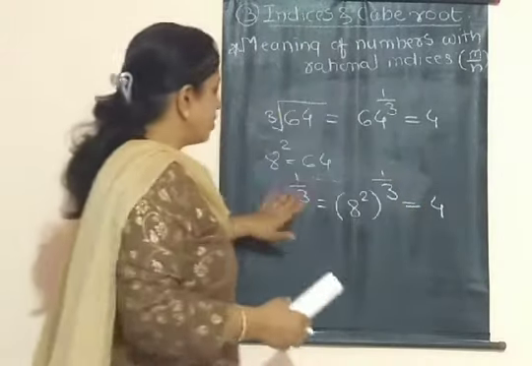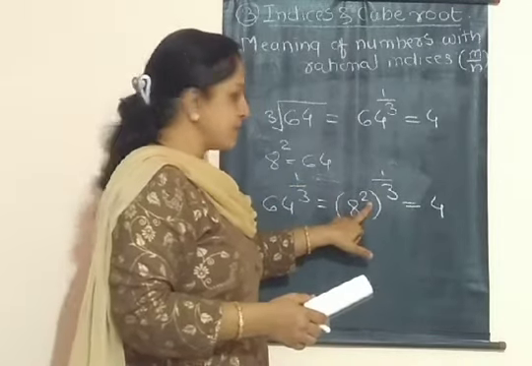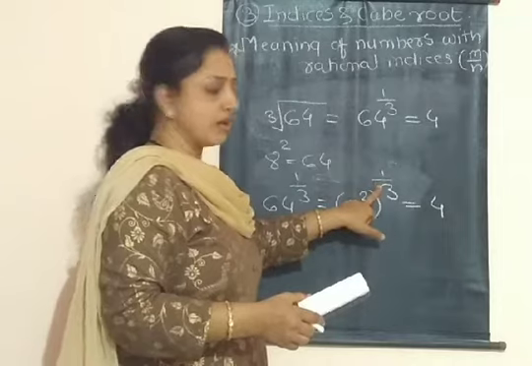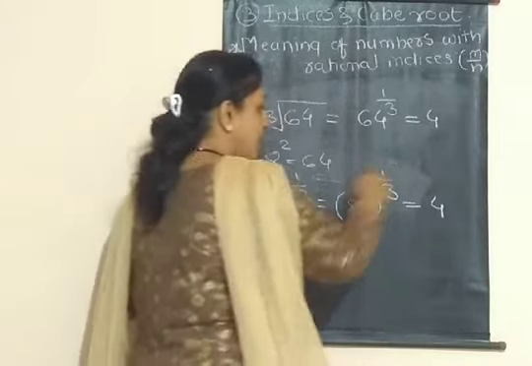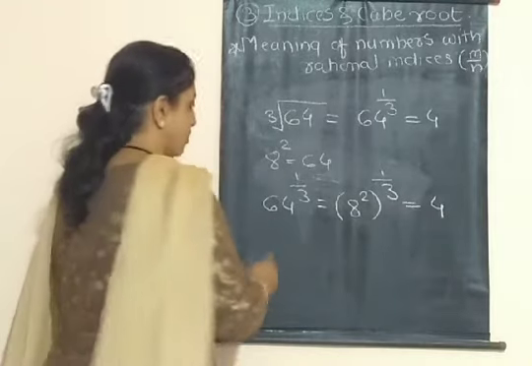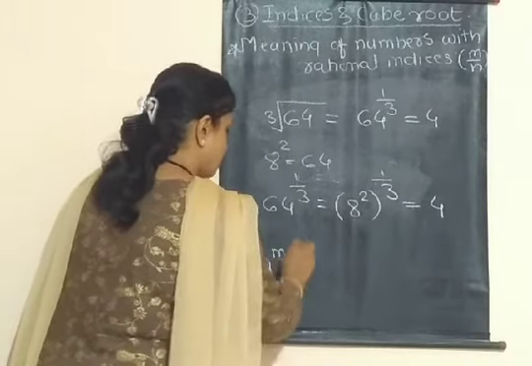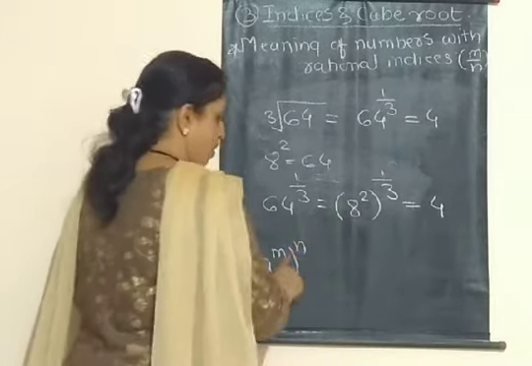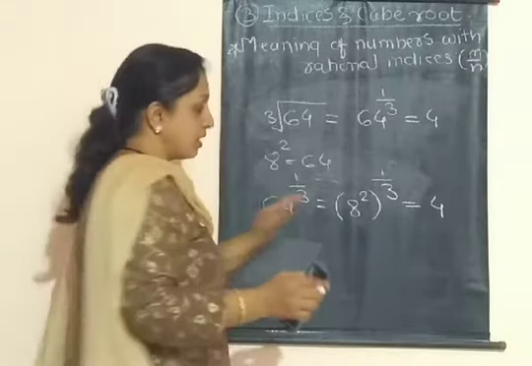Now there are two powers here. The first power is 2 and the other power is 1/3. We have the same form that I explained in the laws of indices right now, a raised to m raised to n, power of power. How to read this number?